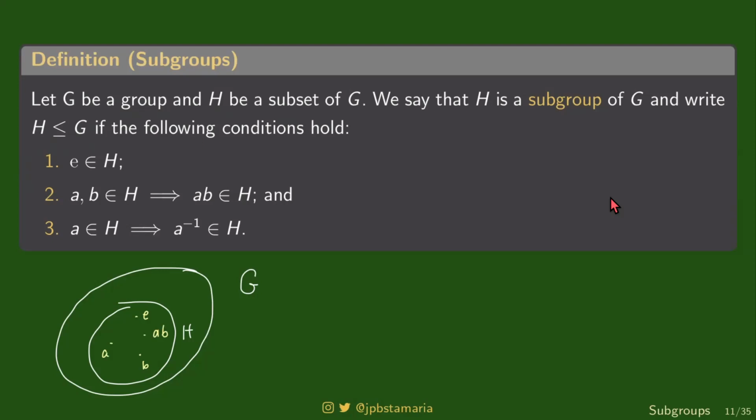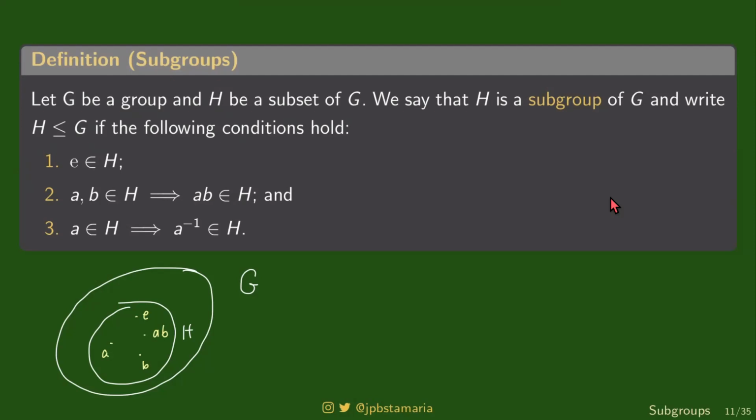And last but not the least, closure under inverses. When you say closure under inverses, dapat lahat ng mga bagay na nasa H ay may inverses na nasa loob din ng H. Kasi kung ang tanong, lahat ba ng elements na H may inverse? Yes, kasi they are elements of G as well. And G is a group. So lahat talaga ay may inverse.